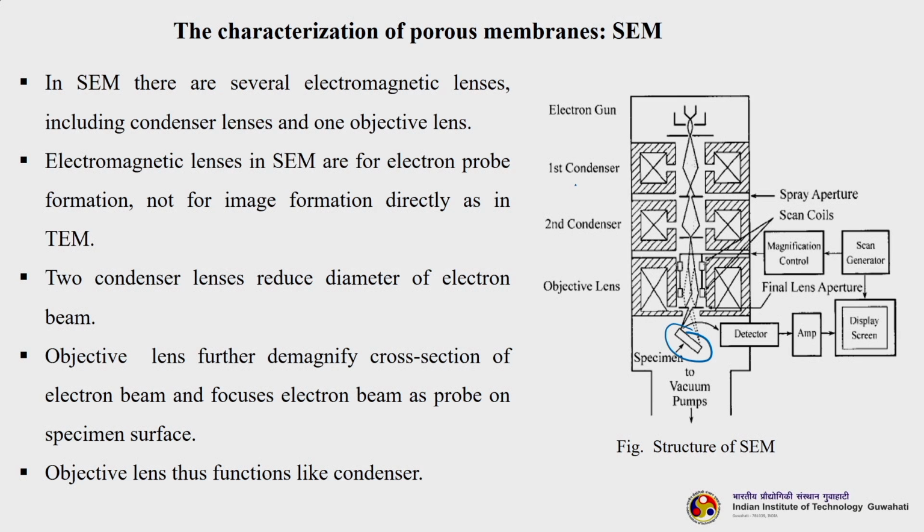We have a first condenser lens here, a second condenser lens, and this is the electron gun which provides your electrons. Then there are different types of apertures and different scan coils, which are used for magnification purposes. Then we have the final lens aperture, through which the final high energy electrons pass and bombard the surface of the specimen.